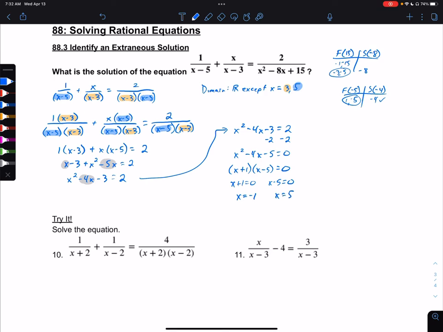Now we do need to be careful. This is where we're checking for extraneous solutions. Notice that we have x equals negative 1 and x equals 5 as potential solutions. But if we go to our domain, we said that x cannot be equal to 5. That was one of our exceptions. So what's going to happen is this 5 is an extraneous solution.